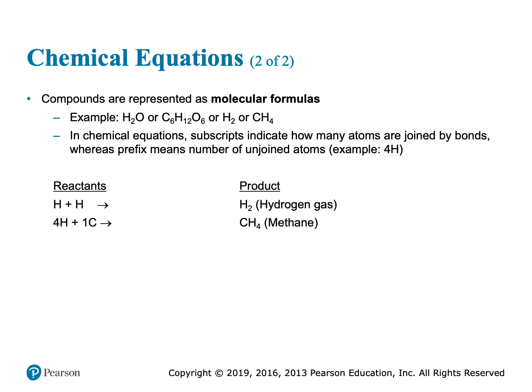This side is the reactant. The arrow points to what the product is. What happens? We're going to have a reaction right here. What is the final product? So the arrow is what yields the product. This side would be the reactant, this side would be the product. If that arrow was pointing the other way, then this would be the reactants and this would be the products. So the arrow is pointing to the product.